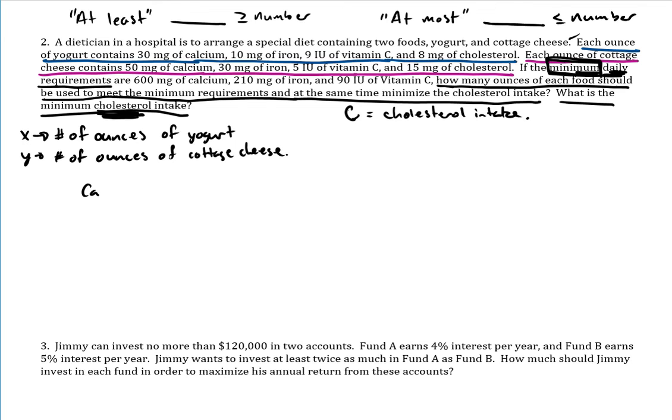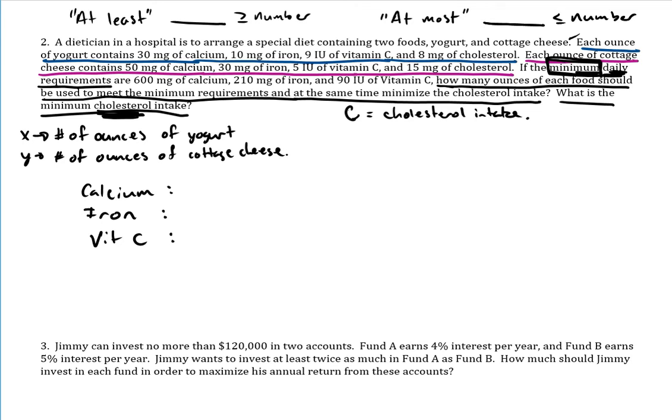So for instance, calcium, then it talks about iron, and then it talks about vitamin C. That's vitamin C, not this capital C, cholesterol intake. So it might be a better idea to change that variable. You can change it to whatever letter you want. I'm still just going to keep this as capital C, and we know vitamin C is different.